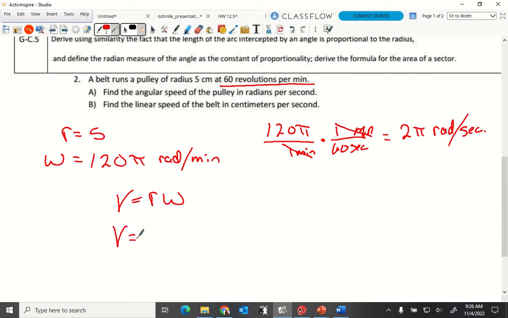V equals my R, which is 5. My W, and it says per second, doesn't it? So, am I going to use this W over here or the one that's already in per second? Per second. I want the per second one. So it's going to be 2 pi, right? And that's rad per second.